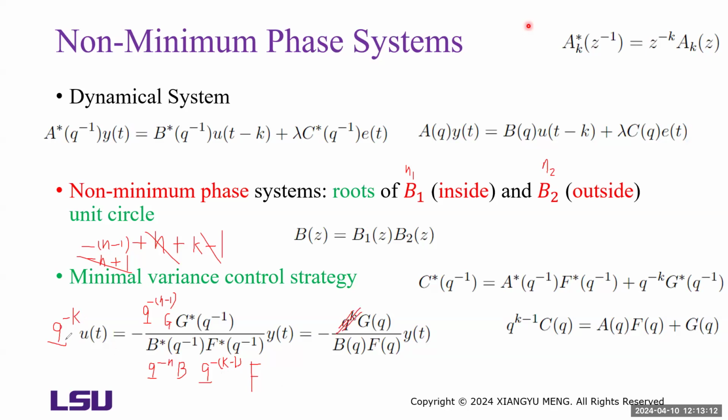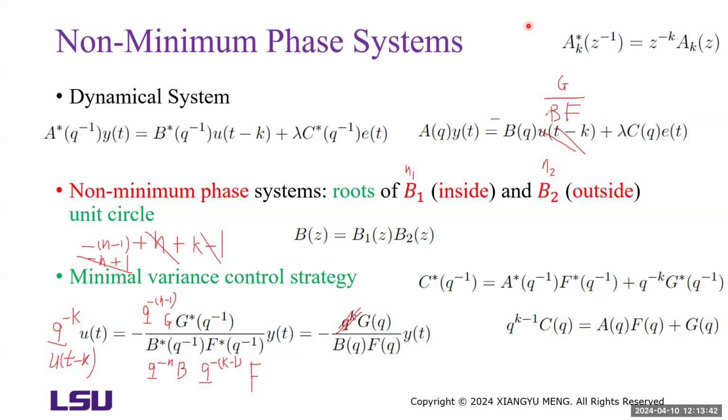Using the backshift operator, q to the negative k times u(t) is u(t minus k). Therefore, u(t minus k) will be negative G over B F times y(t).